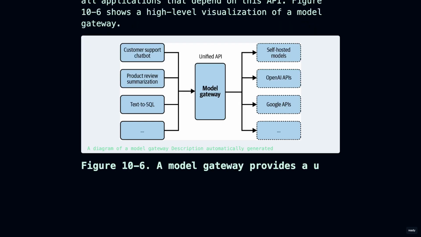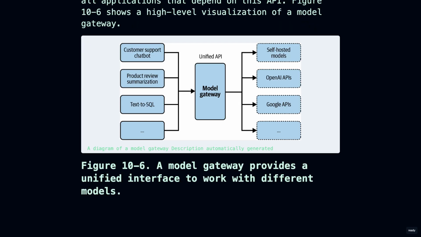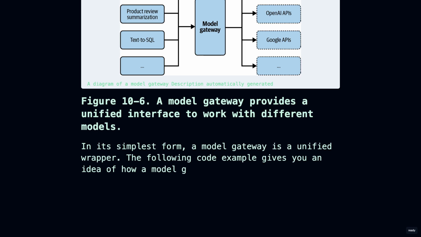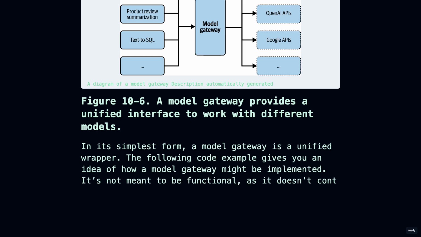Figure 10.6. A model gateway provides a unified interface to work with different models. In its simplest form, a model gateway is a unified wrapper. The following code example gives you an idea of how a model gateway might be implemented.